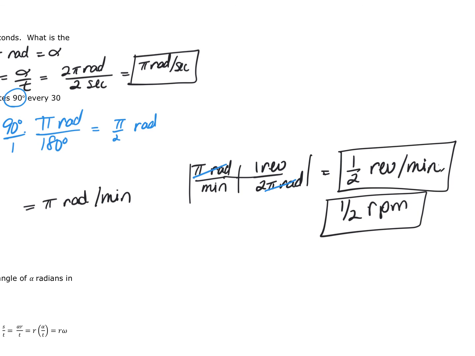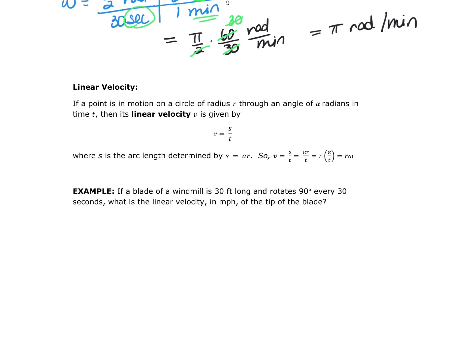Okay, now we also need to talk about linear velocity. If a point is in motion on a circle of radius r through the angle alpha radians in time t, then its linear velocity is given as v. V is used for linear velocity, of the arc length divided by t.